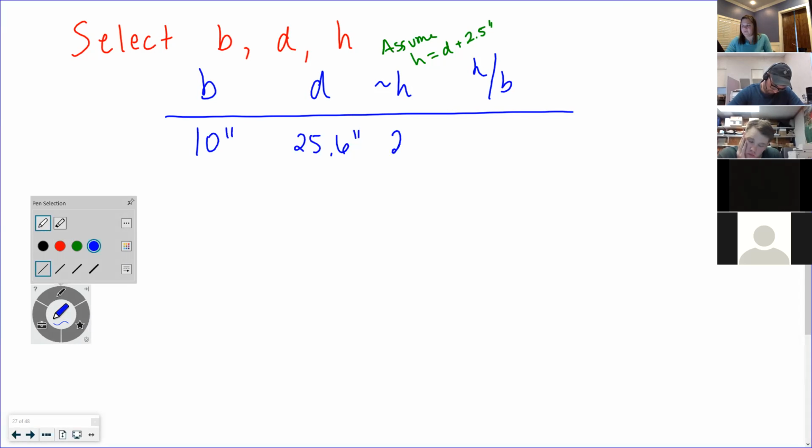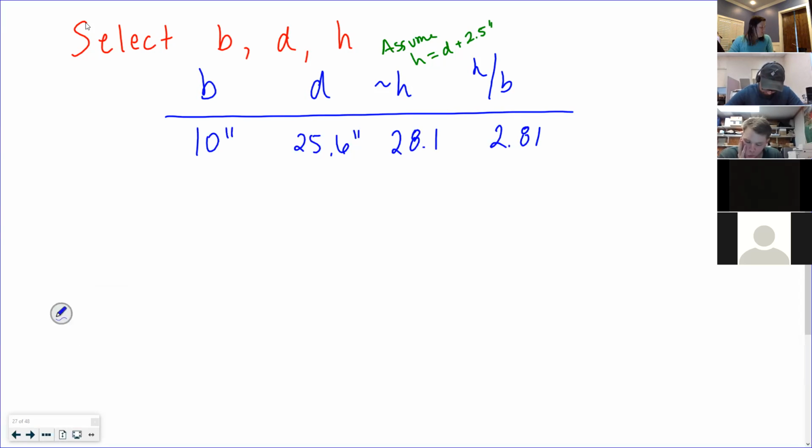You have an H of about 28.1. So a ratio of 2.81. If I said a width of 12 inches, that would be a depth of 23.3 and a height of 25.8, with a ratio of 2.15.